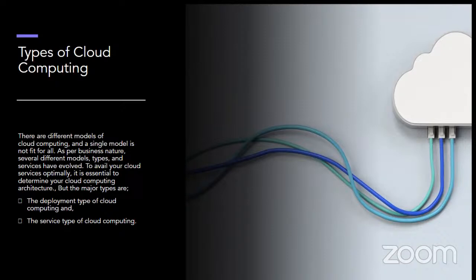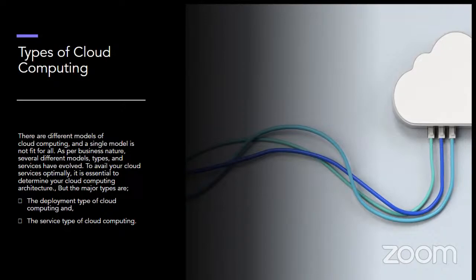As per business nature, several different models, types, and services have evolved. I'll be running you through the two major types, which each have in them, like a box, different items.